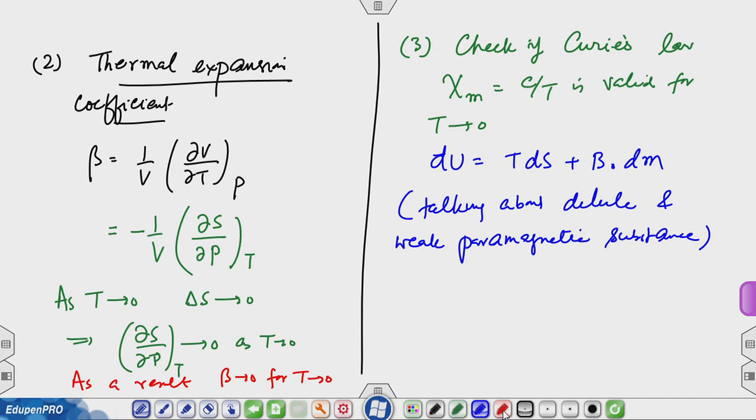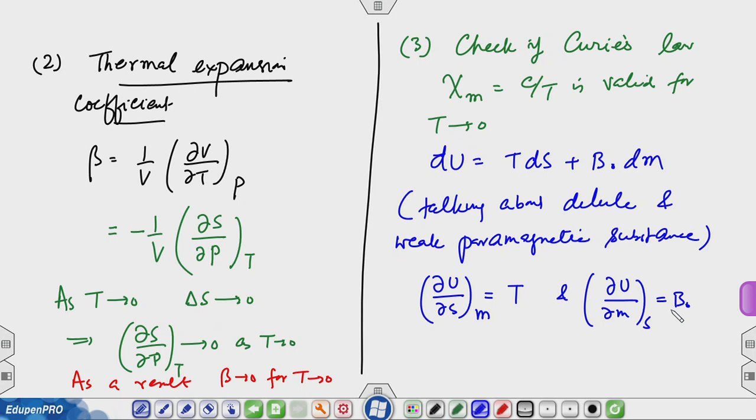And from this, just to recall, I have dU/dS at constant m equals T and dU/dm at constant S equals B0.